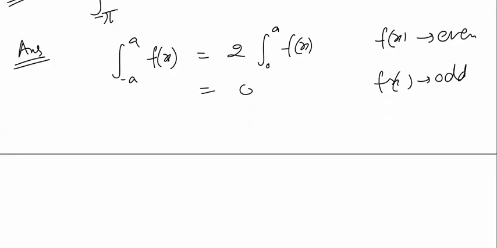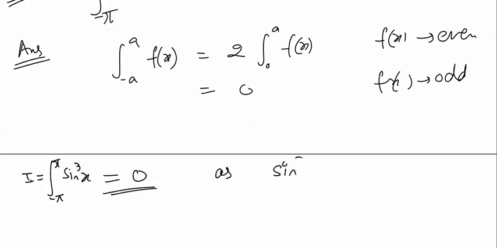So is f(x) odd or even? f(x) is odd, so it will simply become 0, as sine cube x is odd. That's it. Clear? So you can get the answers in one line if you understand the fundamentals. But if you don't understand the fundamentals, it will become very difficult for you at times.